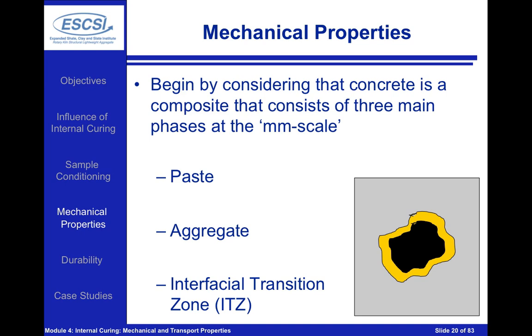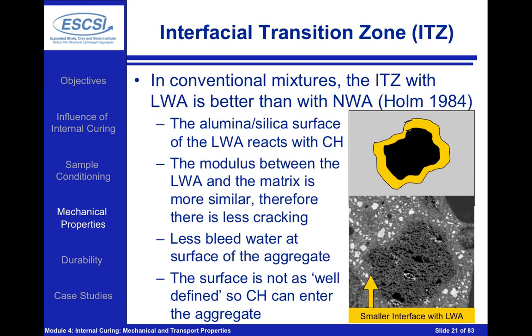In addition, calcium hydroxide will preferentially precipitate on the aggregate surfaces, and that calcium hydroxide can leave porosity behind when it goes away. So these are the three phases that we're going to be talking about as we move through the system. The paste phase, the glue phase that's kind of in the middle, shown as gray, the aggregate shown in black, and the interfacial transition zone shown in orange.